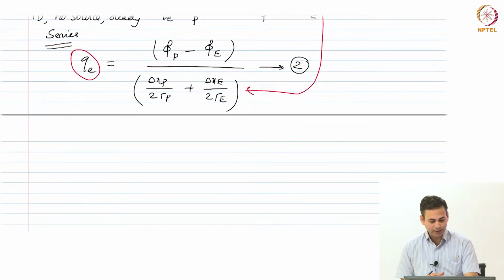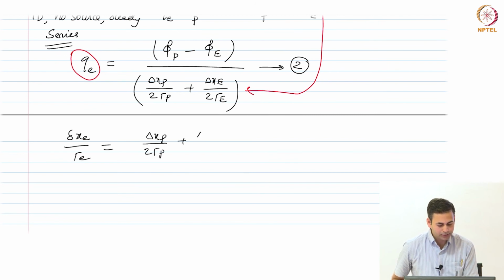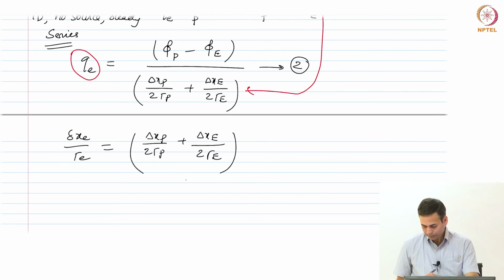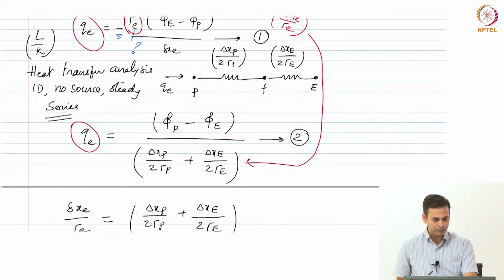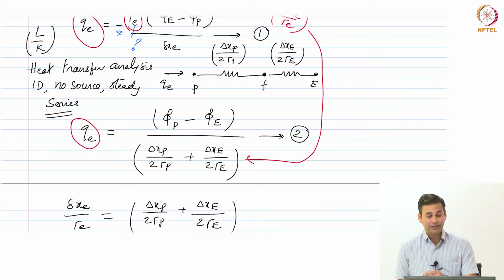So then that is nothing but delta x E by gamma E equals delta x P by 2 gamma P plus delta x E by 2 gamma E, right? We just equated these two, equation 1 and equation 2, and then found what is gamma f or gamma east, okay. That will give us the correct heat flux through the phase.